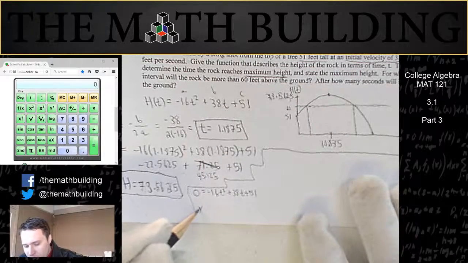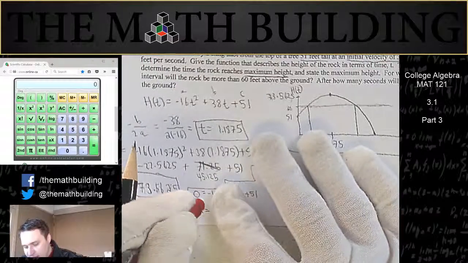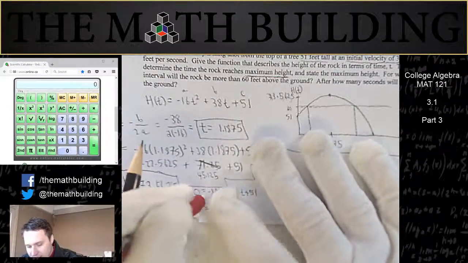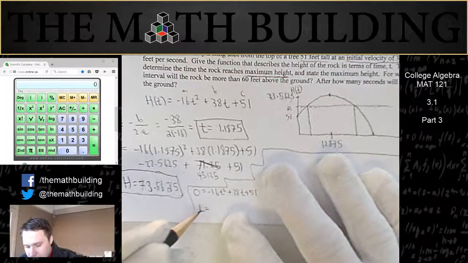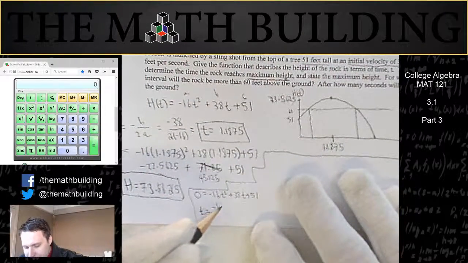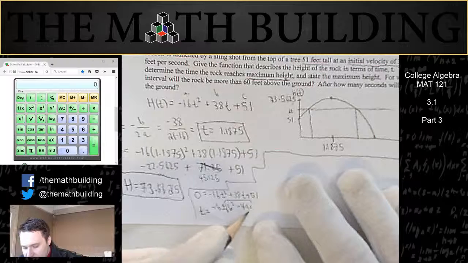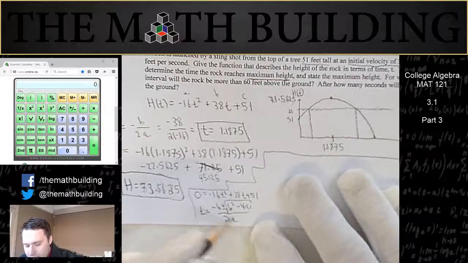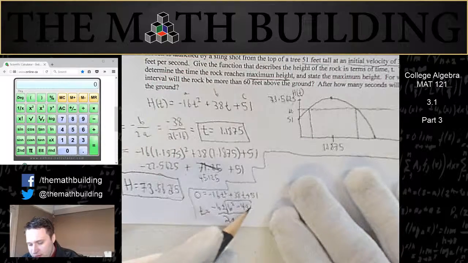As a reminder, the quadratic formula is x equals, except in this case it's going to be t equals, because we're talking about time. Negative b plus or minus the square root of b squared minus 4ac, divided by 2 times a.